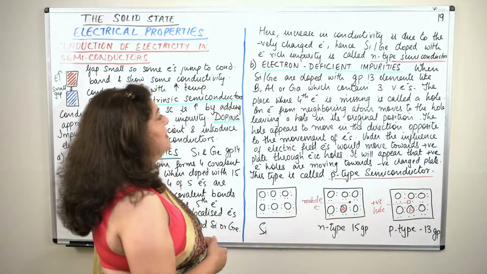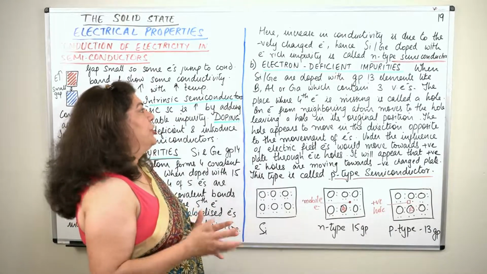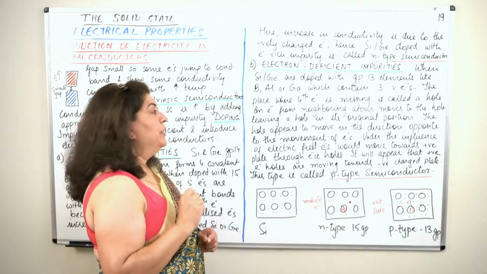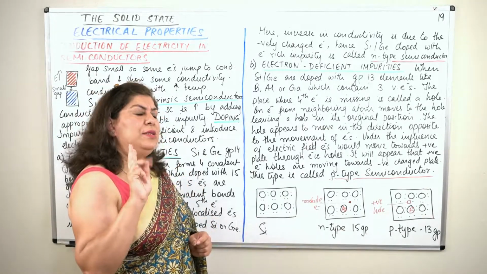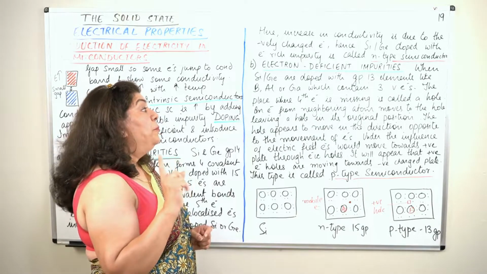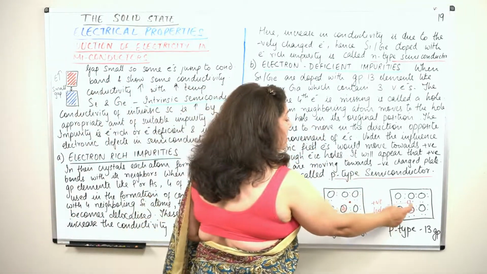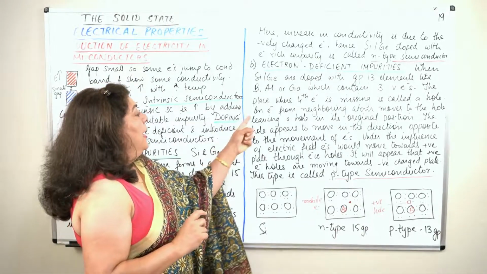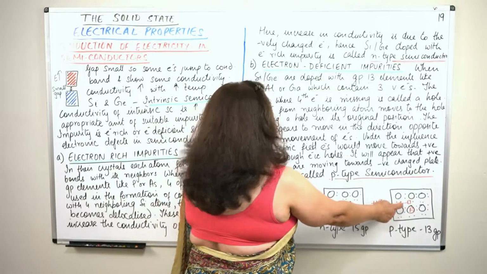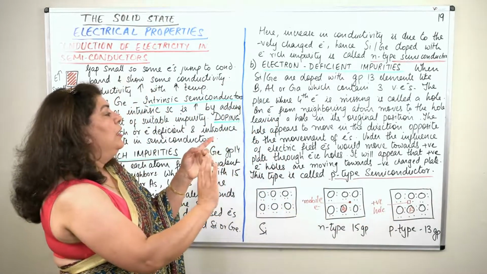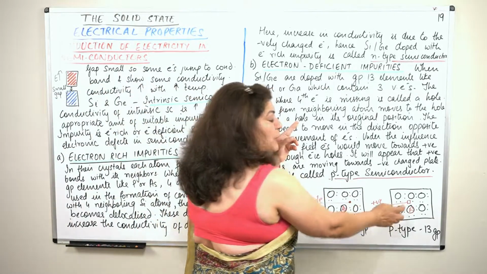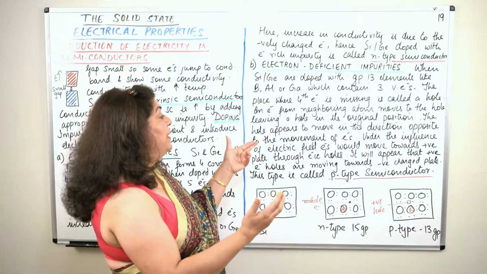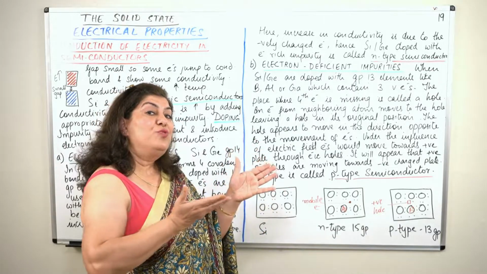So let me just read this now. When silicon and germanium are doped with group 13 elements like boron, aluminum or gallium, which contain 3 valence electrons, the place where the 4th electron is missing is called a hole. An electron from the neighboring atom moves to the hole, leaving a hole in its original position, and this hole appears to be moving in the direction opposite to the movement of electrons.